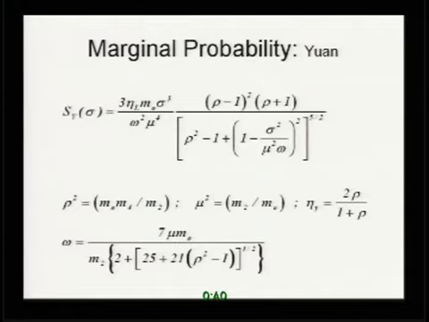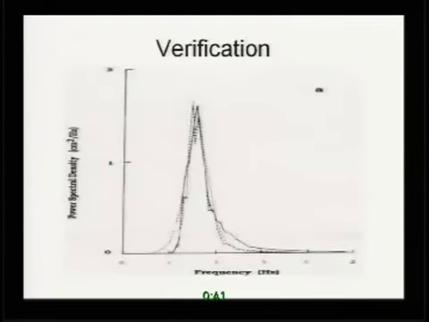So we got two different forms, but both forms look like a polynomial function, and we can actually compare with observation. This is the original spectrum, and here are two curves.